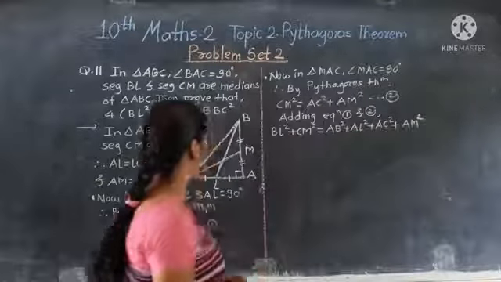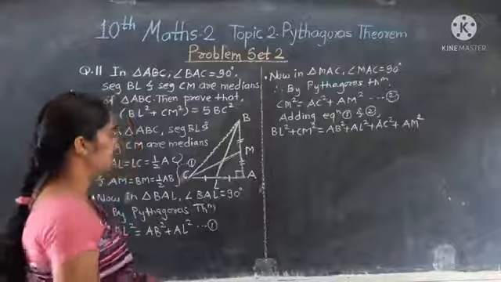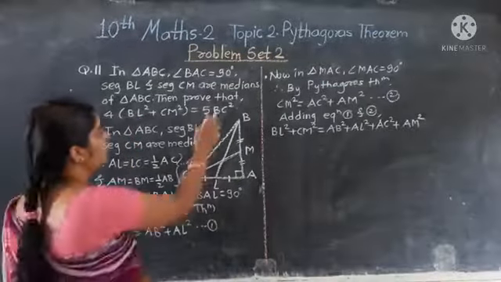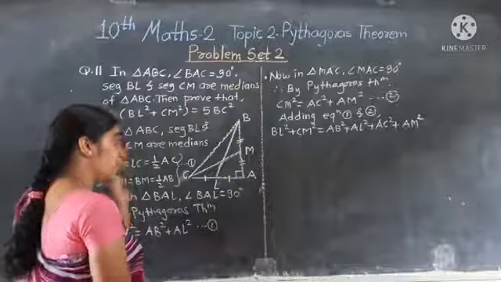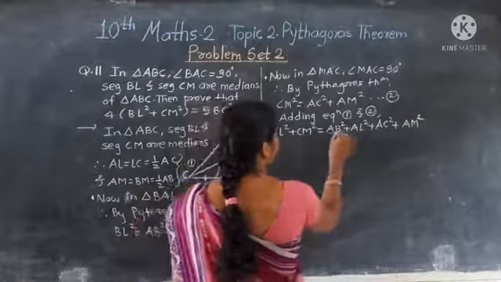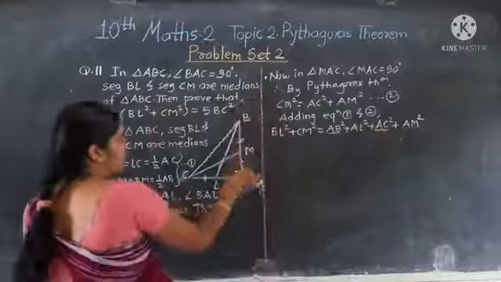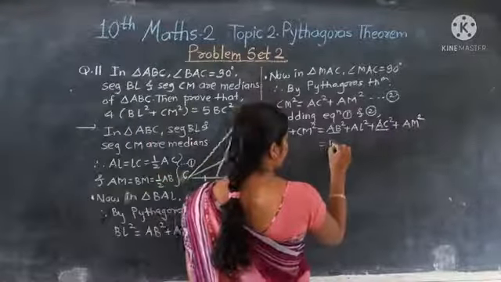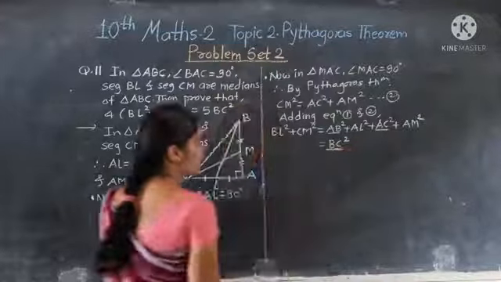Okay, AB square plus AC square. Now we want BC square. Okay, so we write in this way. See here, AB square plus AC square is nothing but BC square. You write BC square for this.